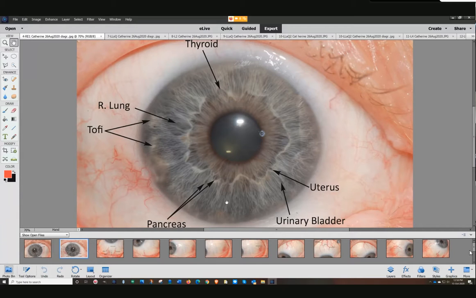So you could see that she has, in the right lung, a large, rather weak but diffused lacuna there. Well, I didn't mention that she actually smoked for 2 or 3 years. I'm not sure I remember exactly, but just a few cigarettes a day. But that contributed to the weakness in the lungs. And then she had that mold that she was breathing in for a period of time. So those toxins are going to go into the lungs and make that area vulnerable.